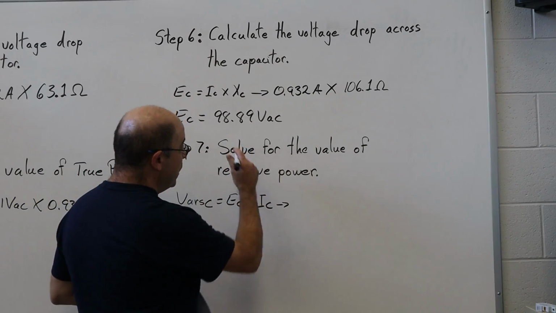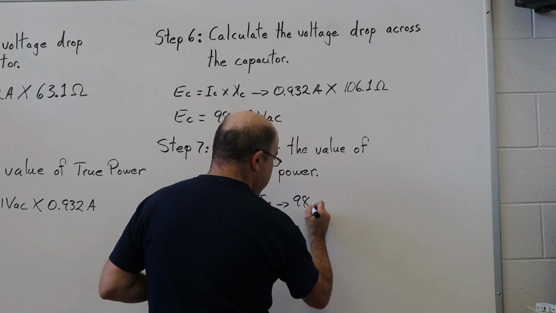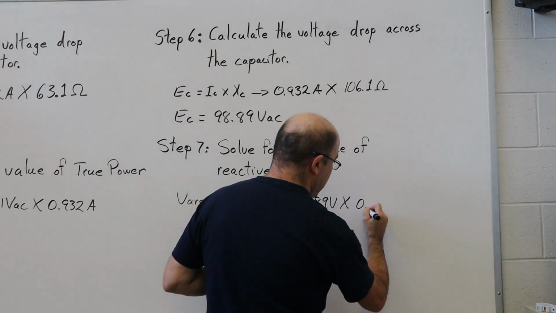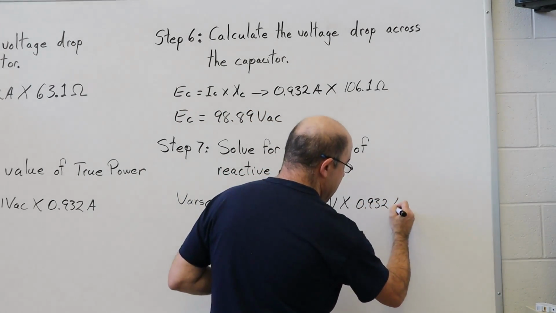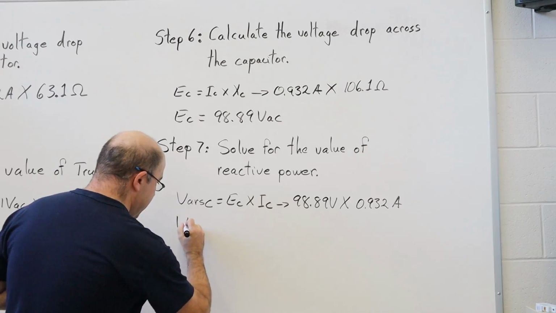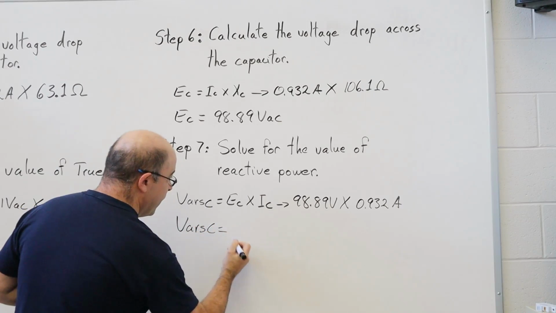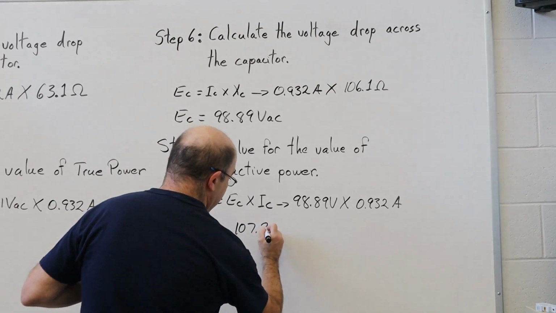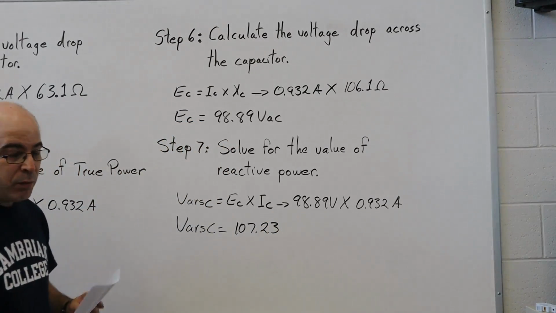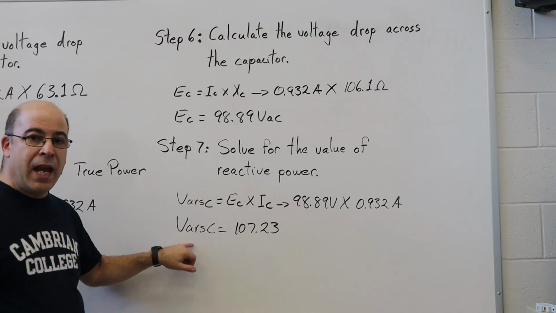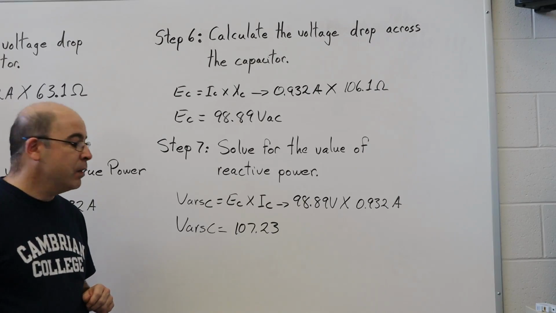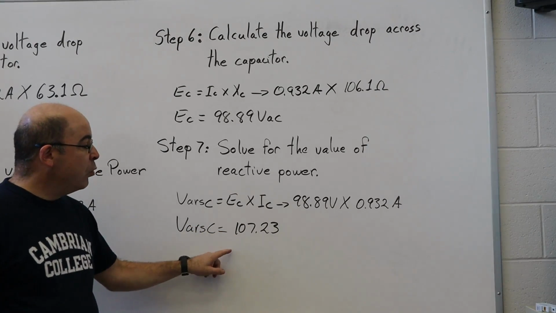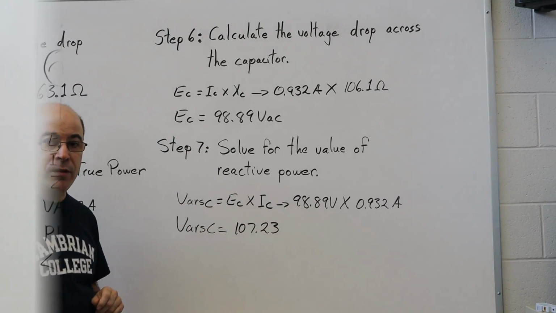We'll take the voltage drop, 98.89 volts, multiplied by the current, 0.932 amperes, giving us 107.23 VARs, volt amps reactive for the capacitor. I'm going to move down and input these into our chart.